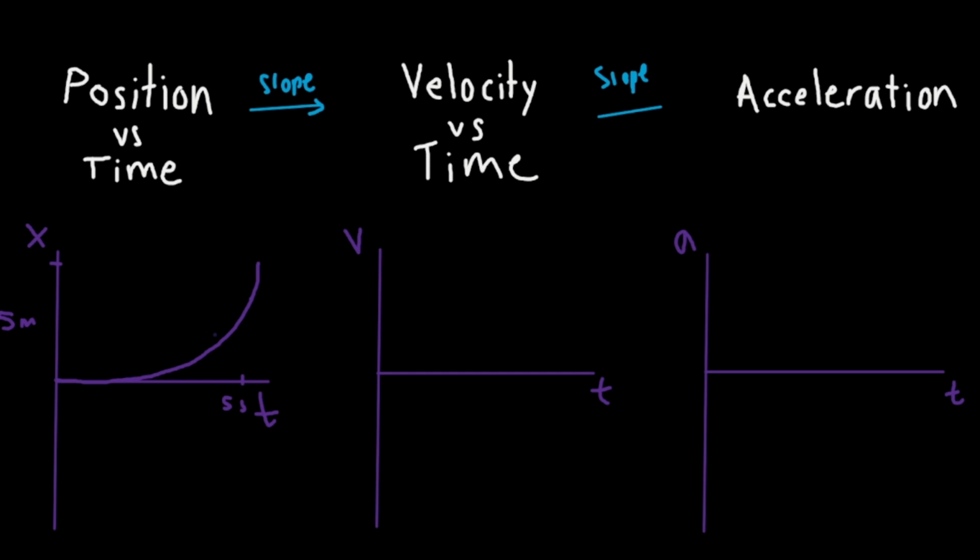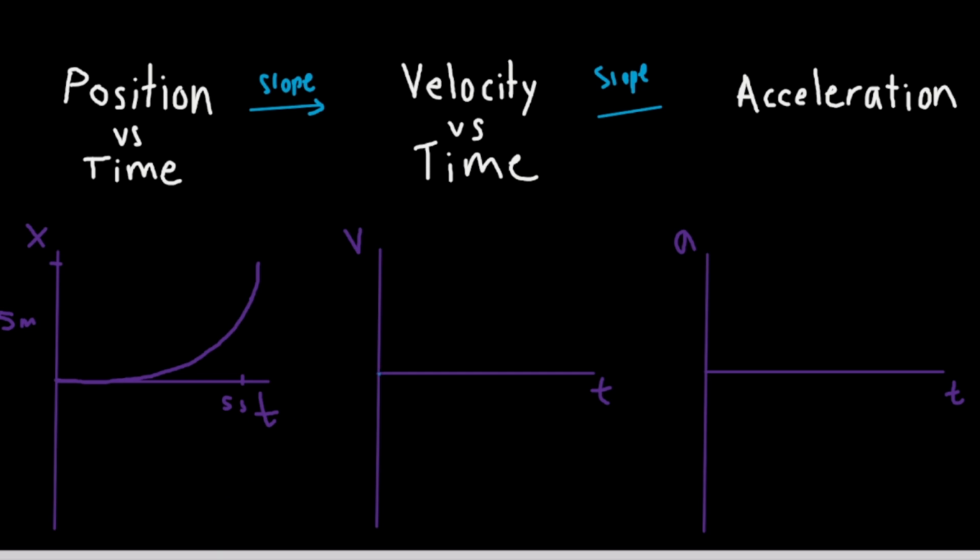So, since we can't determine a constant slope, we would plot the points of the slope at each time. So, since the slope at 0 seconds was about 0 meters per second, we'd plot it right there, and we'd find a line that would look something like this. Now, you'll notice that this is a straight line.